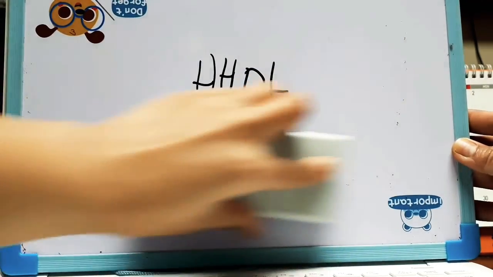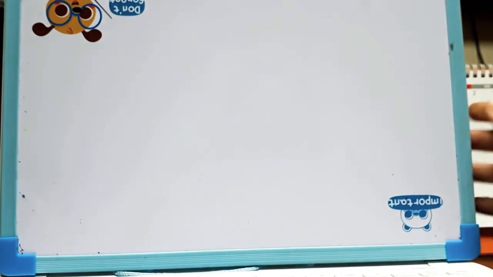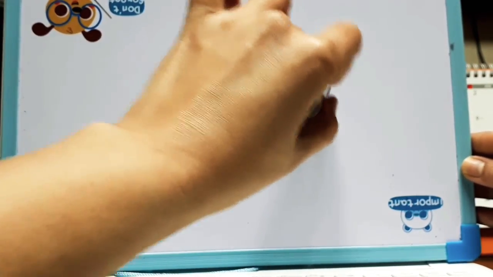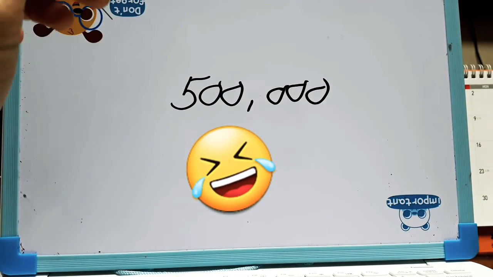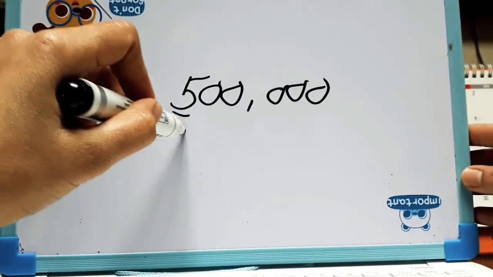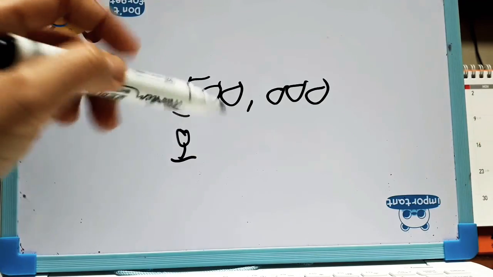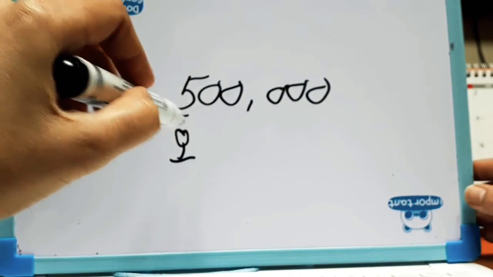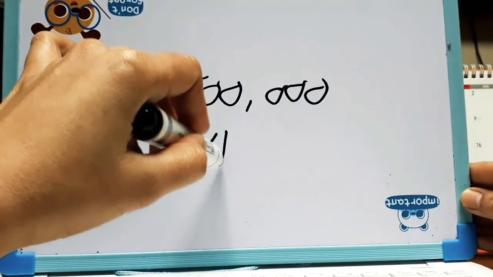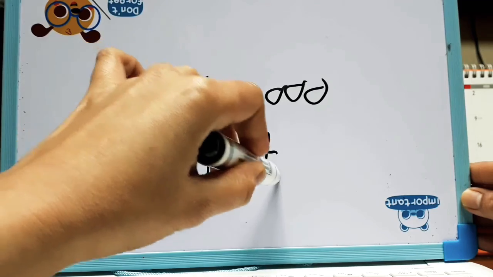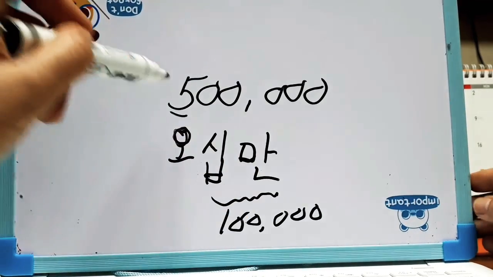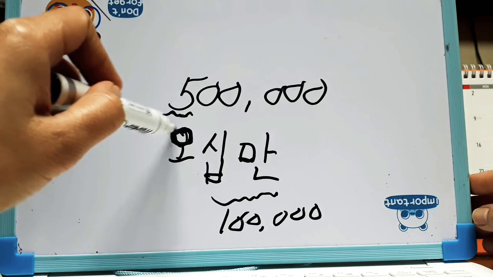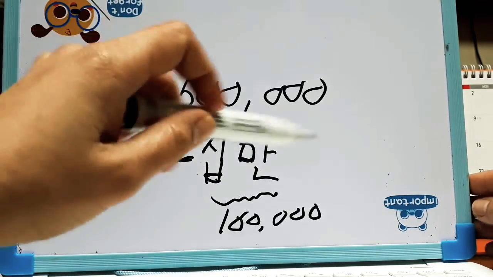Let's try an example. Let's try this number: 500,000. 500,000 is, 5 is o, right? And 100,000 is 십만, so o 십만. That's 십만 here, which is 100,000, but since it's 5, you say o 십만.